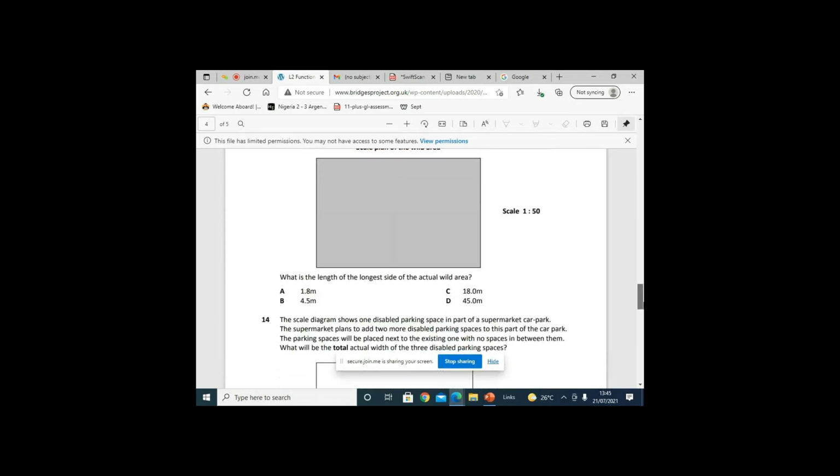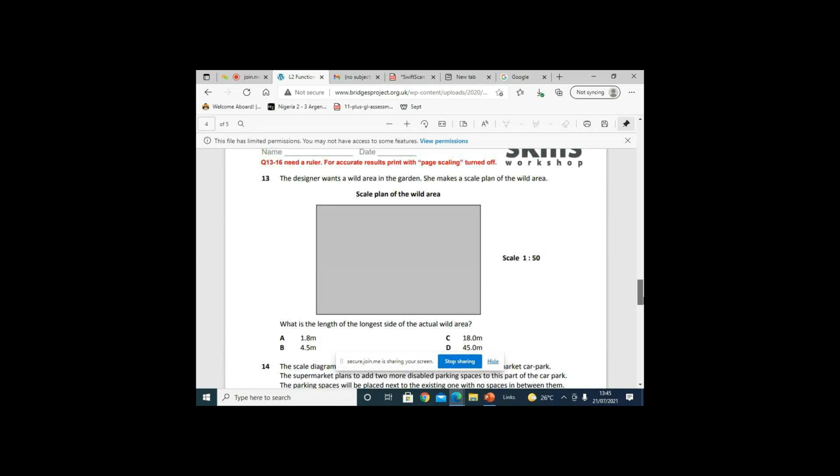So let's try this one now. A designer wants a wide area in the garden. So she makes a scale plan of the wide area. The scale is 1 to 50.